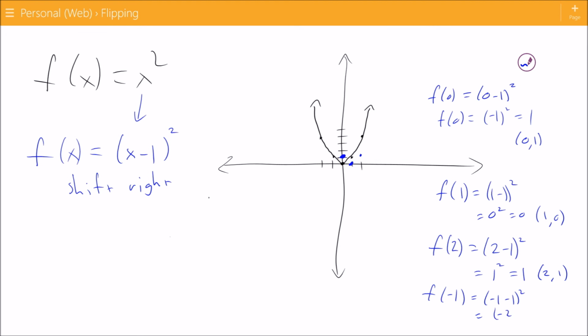That's negative 2 squared, which is 4. So I will actually get a shift to the right by adding a negative within the parentheses of what I would normally place as just x by itself. So we did a slide to the right. We can also do a slide to the left.